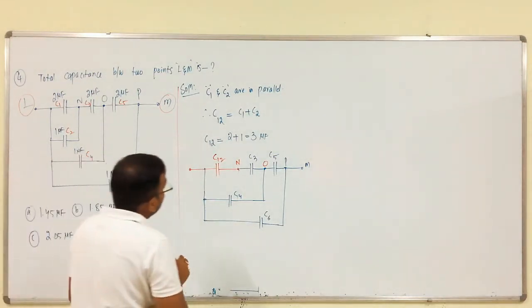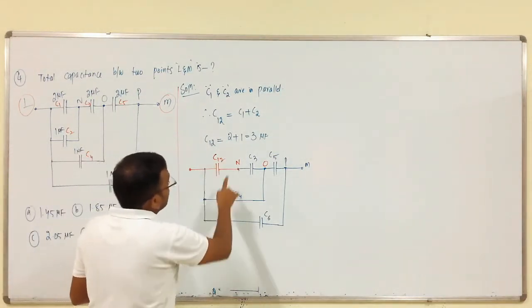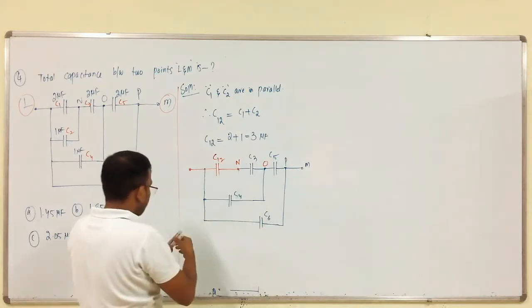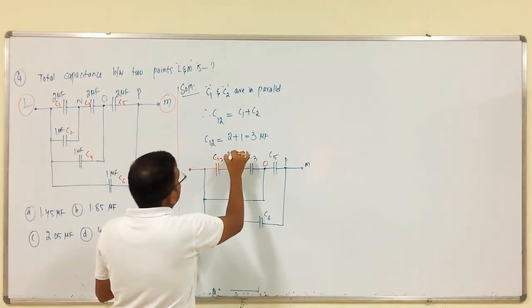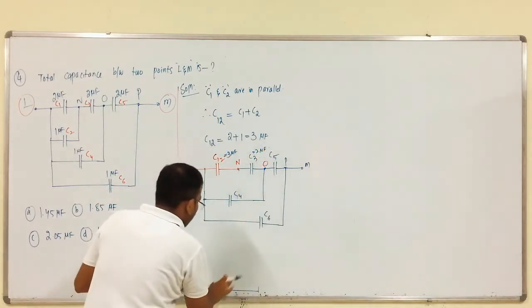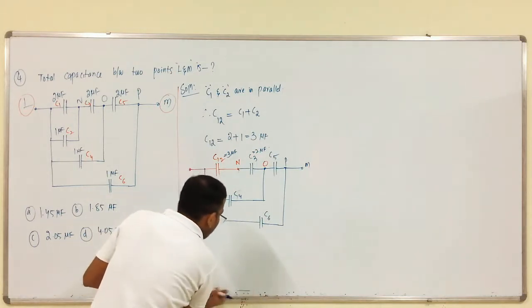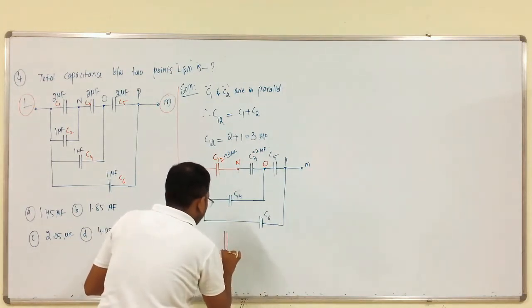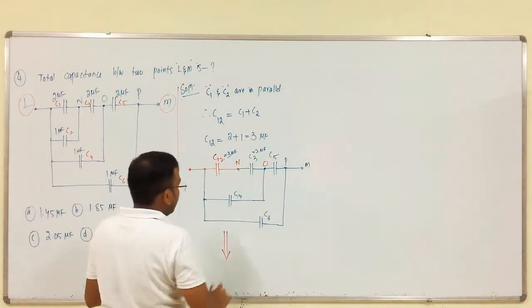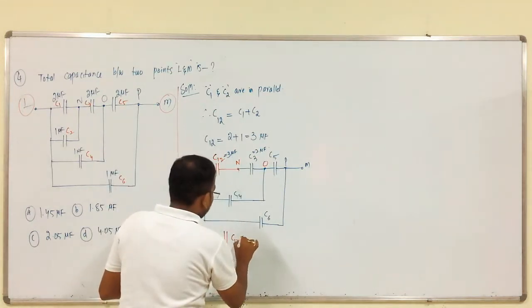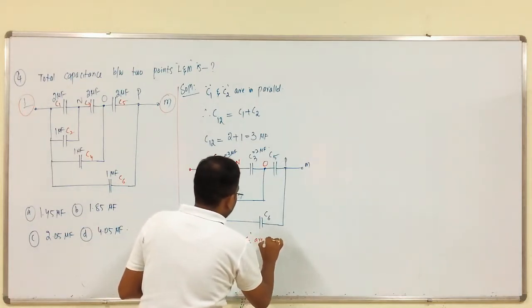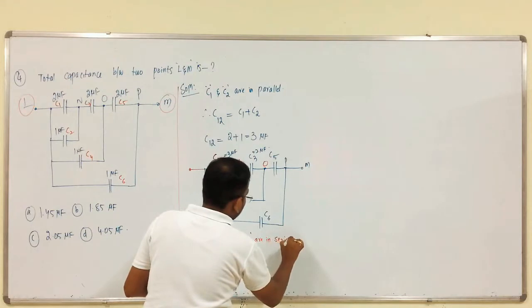That is C12 is 3 microfarad. This is C3. What is the value of C3? 2 microfarad. Therefore, from this, C12 and C3 are in series.